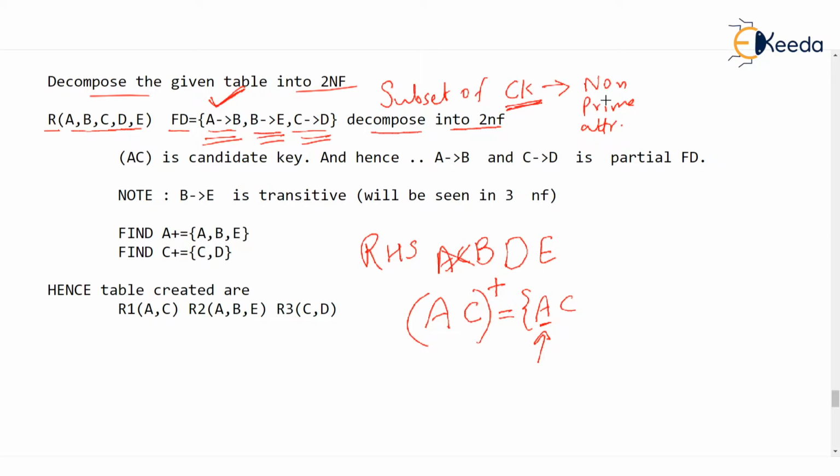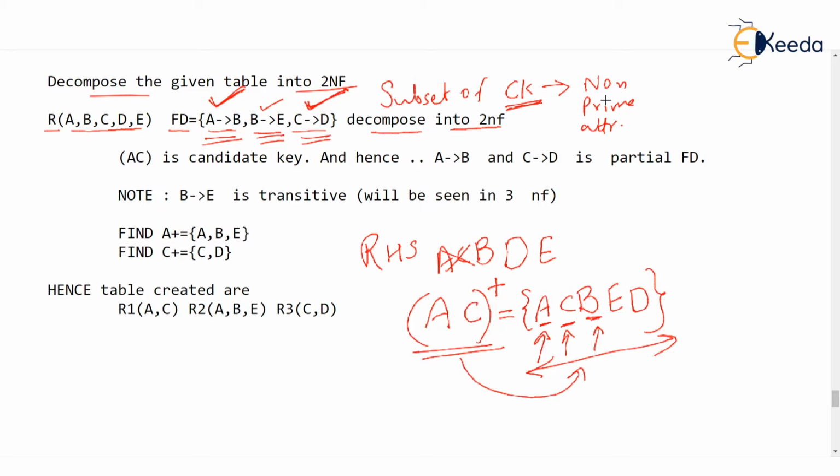And because B is there in the closure and C is there in the closure, due to this we get B determines E, so B brings in E, and C determines D. Check the dependency I am ticking, it brings in D. That means if you find AC closure, then it determines all the attributes of the table. So AC is the candidate key.